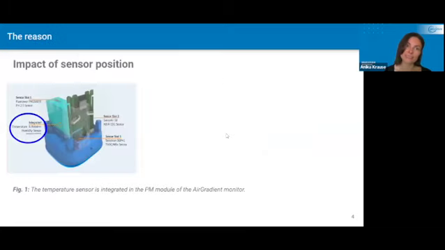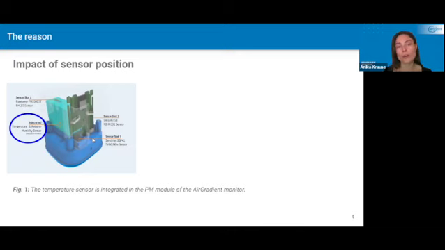Obviously we weren't very happy with this, and we tried to do something about it. First of all, we needed to figure out what actually the reason is. And suspiciously, the reason is because we have this temperature and relative humidity sensor integrated inside the PM module. So probably it has something to do with the sensor casing having a bit of an insulating effect.